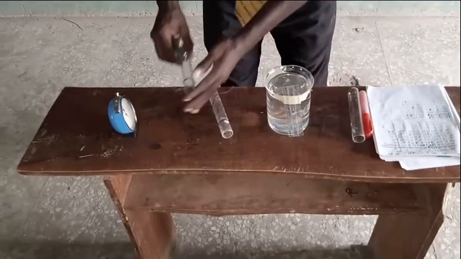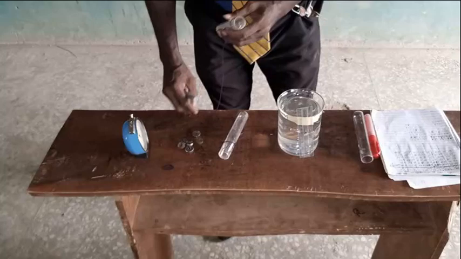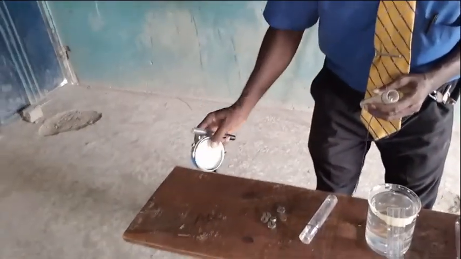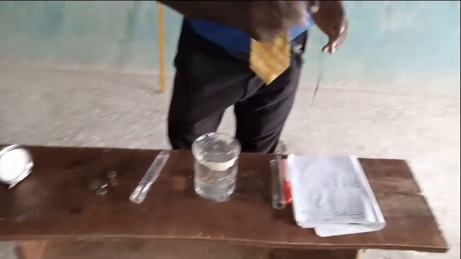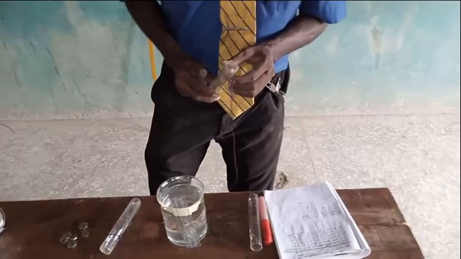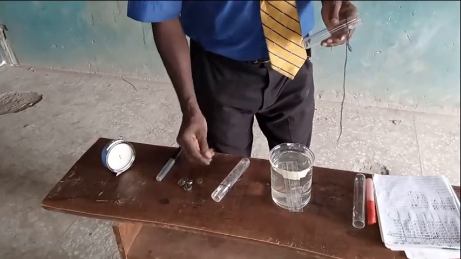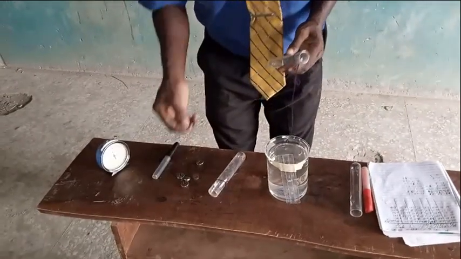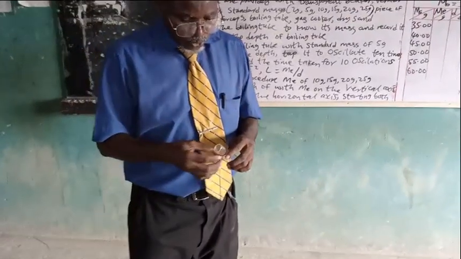Now, we want to start. These are the masses. This is the stop clock. This is the beaker. This is the boiling tube. Now, we've already determined the depth. Now I put a mass of 5 gram inside the boiling tube.